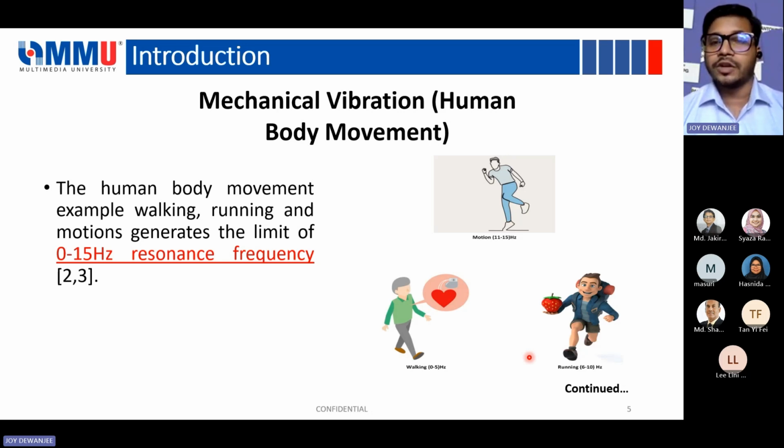We consider three types of human body movement: walking, running, and motion. The frequency limit the human body can generate is 0 to 15 hertz.